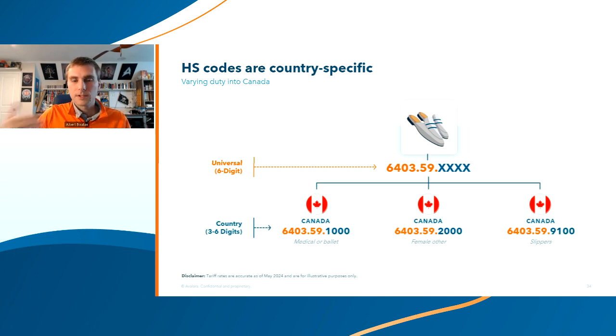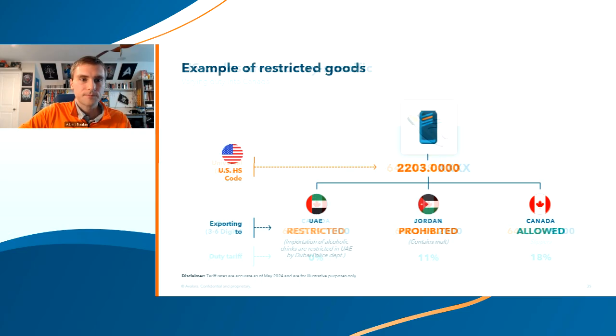If you've got a pair of slippers, you get a different code whether it's medical or ballet slippers, if it's slippers for women, or if it's just generic slippers. So one of the issues we see is miscategorization, especially in some of those finer categories, can lead you to the wrong result. In this example, these slippers have different tariff rates depending on exactly how they're classified.